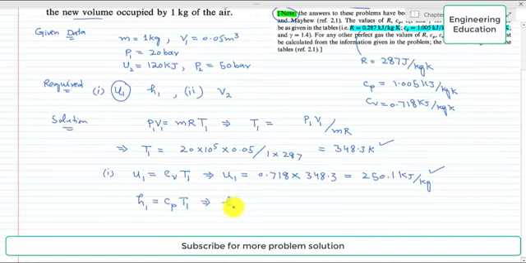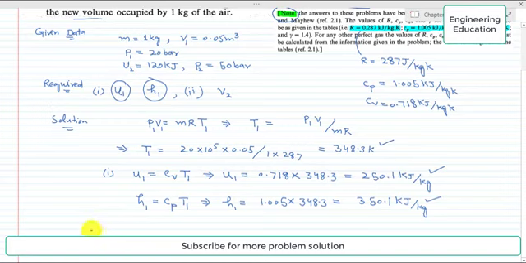The value of H1 will be equal to 1.005 kilojoule per kilogram per Kelvin times 348.3 Kelvin. Multiplying this we get 350.1 kilojoule per kilogram. So this is the required value of H1.